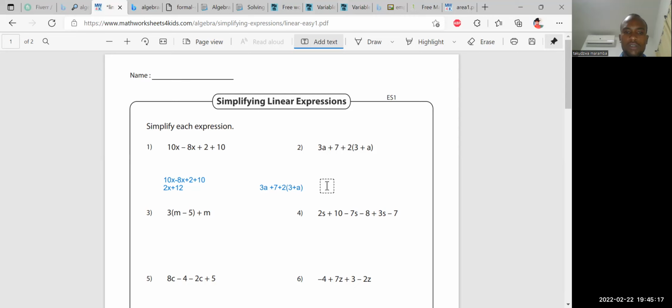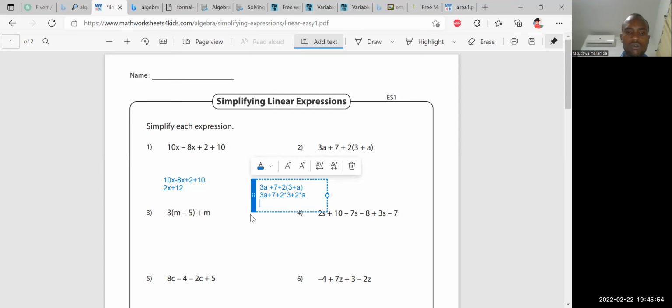So here we first simplify the terms inside the brackets by removing the brackets. Then we say 3a plus 7 plus 2 times 3, plus 2 times a.